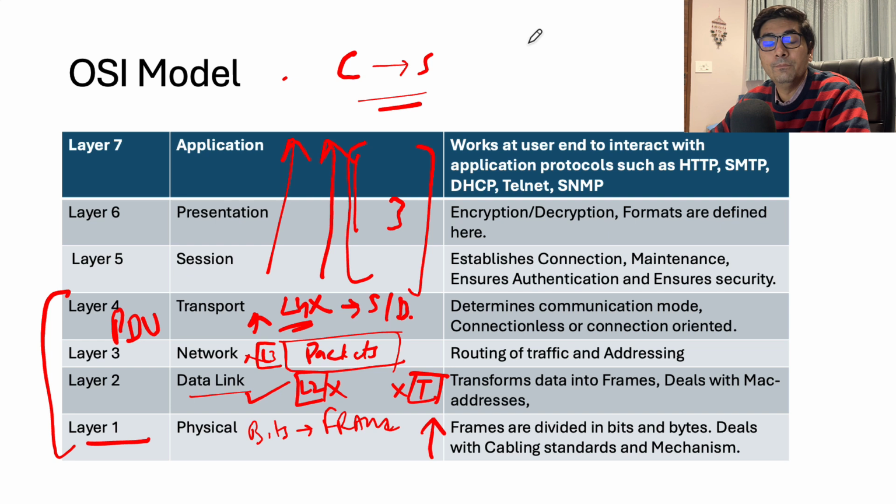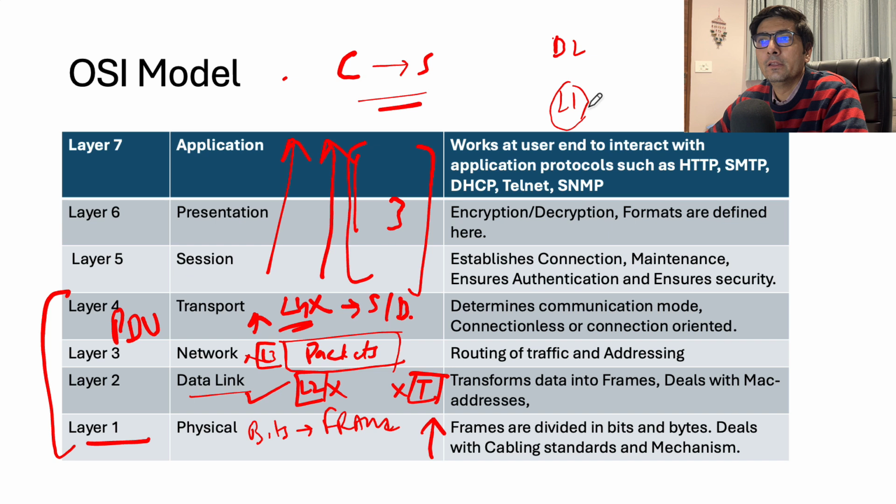And many questions are asked in interviews, like, at which layer does a switch work? The answer will be the data link layer, but it also works at the network layer, that is layer 3, but only when it has layer 3 capability. Okay, routers work at layer 3, hubs work at layer 1.